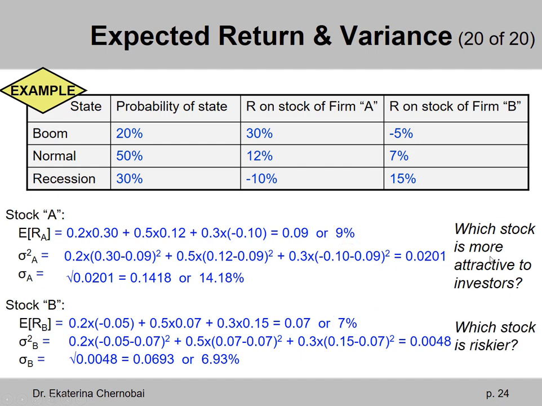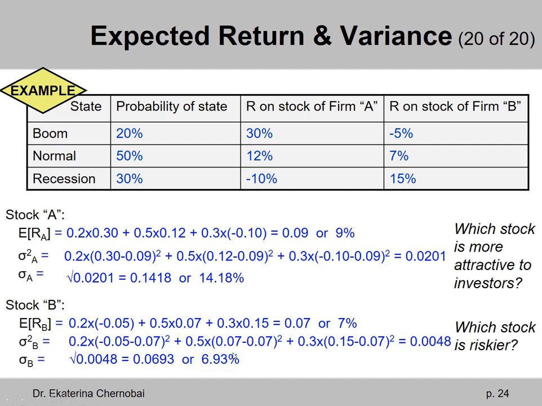However, you can also compare the amounts of risk of the two stocks. If you compare the values we got for the standard deviations, the standard deviation for stock A is 14.18%, and the standard deviation for stock B returns is only 6.93%.